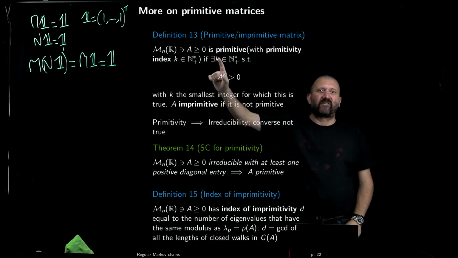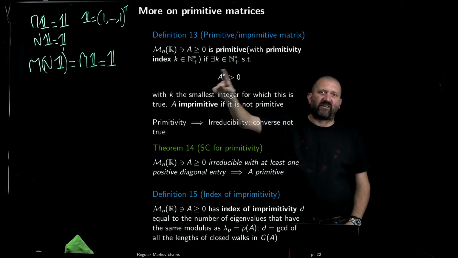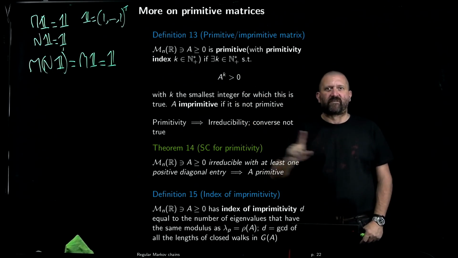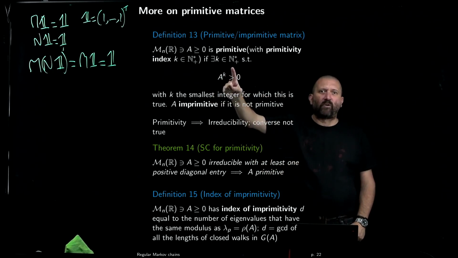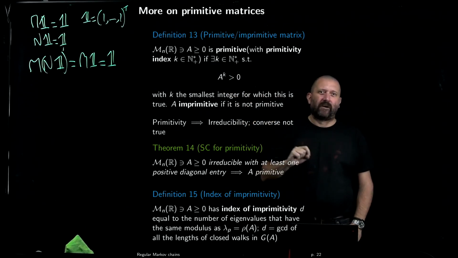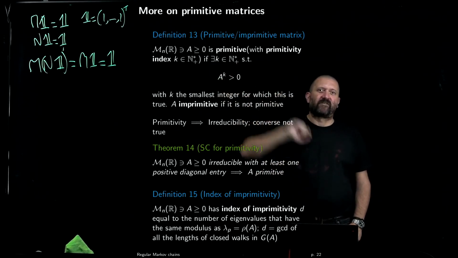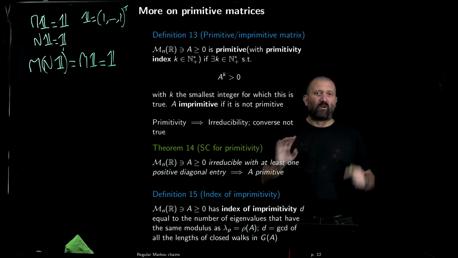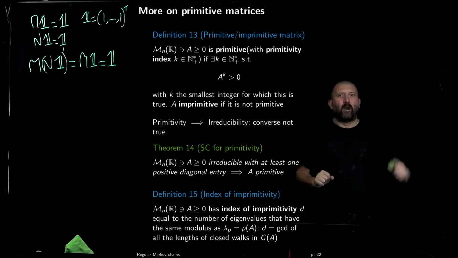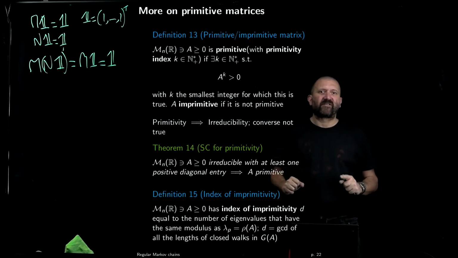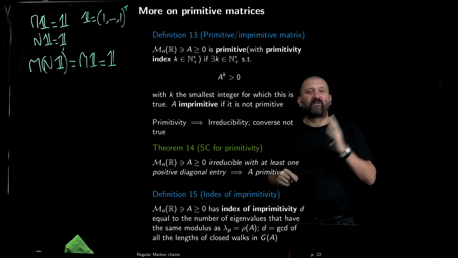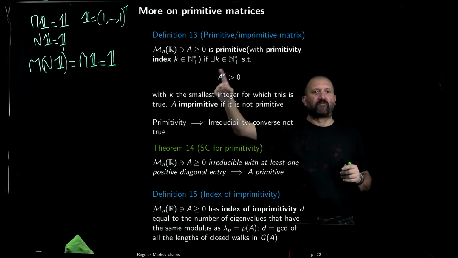So the matrix is primitive, as I already said, if there is a k in N star. When I write star like this, I mean without zero. So this is a positive integer, not a non-negative integer. So there is a positive integer k such that A to the k is positive. We call primitivity index the smallest value of k for which this is true.